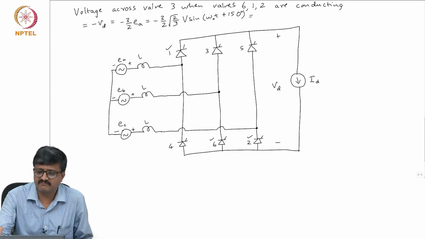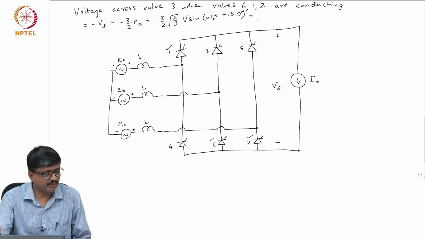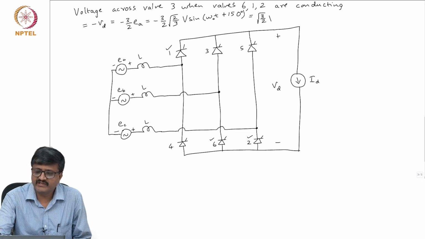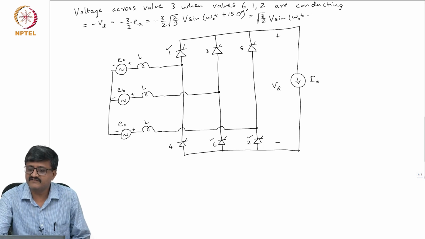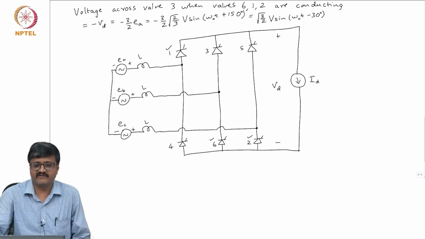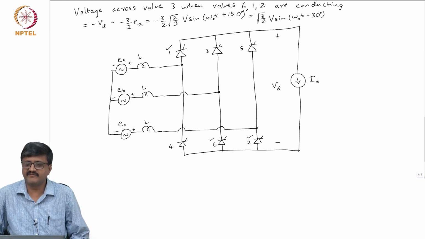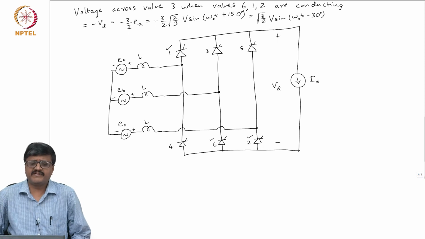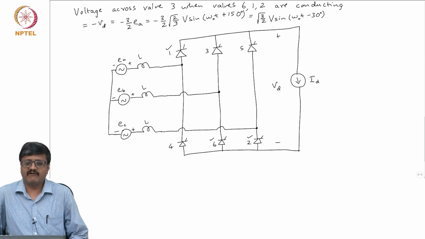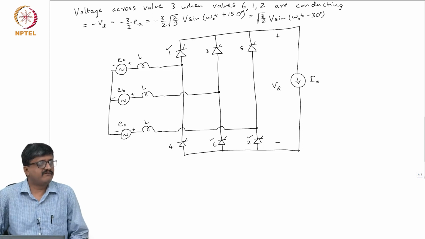Of course, I can better write this as root 3 by 2 V sin omega OT minus 30. I have written minus sin omega OT plus 150 as sin omega OT minus 30. So, this is the voltage across valve 3 when valves 6, 1, 2 are conducting. So, that means if I want to turn on valve 3, the voltage across valve 3 is given by this expression. So, what is the inference?